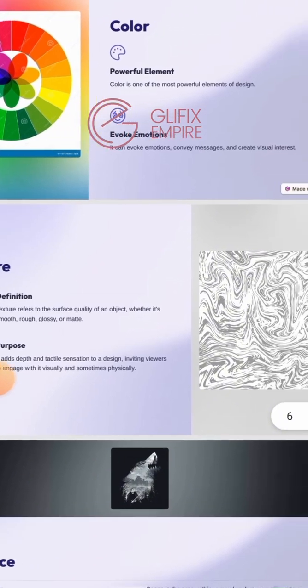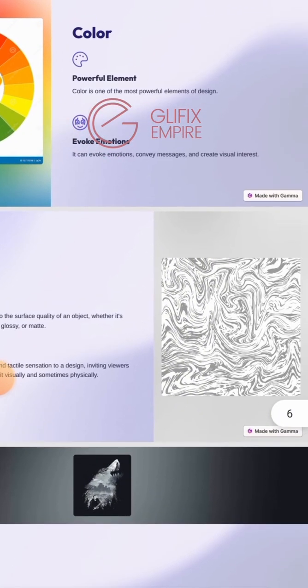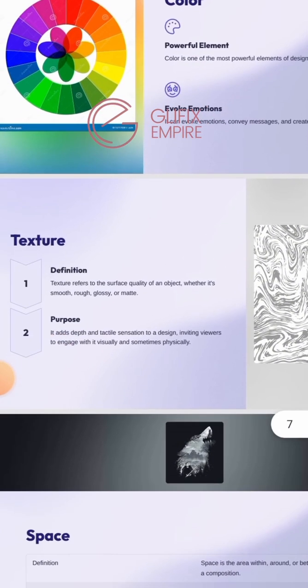So texture, you can see an example now. Texture is the surface quality of an object. Texture can be smooth, rough, or glossy. It adds feeling to your design. It adds depth and tactile sensation to a design. It can invite your viewer to engage with it visually and sometimes physically.